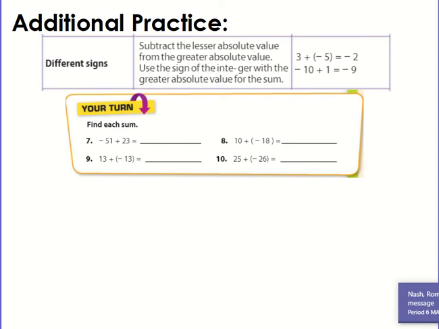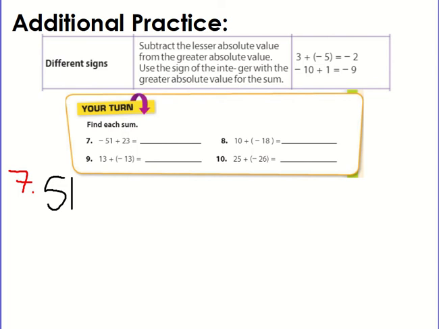So let's look at number 7, where it has numbers larger than 10, so I'm not going to use counters and I'm not going to use a number line. I'm going to do number 7 right here. Oh, I still have my red pen. If I take the absolute value of -51, well, -51 is 51 away from 0, so that's 51.